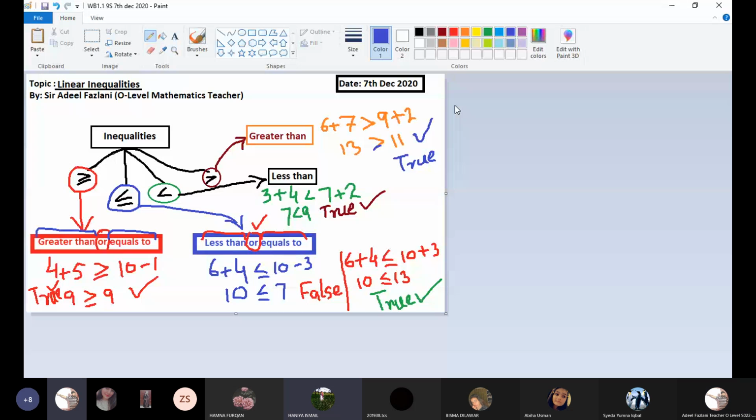For example, the example given is 4 plus 5, which is greater than or equals to 10 minus 1. When we solve it, both answers come to 9. So it will follow the second condition of the rule, which is equals to, which means the answer is true.